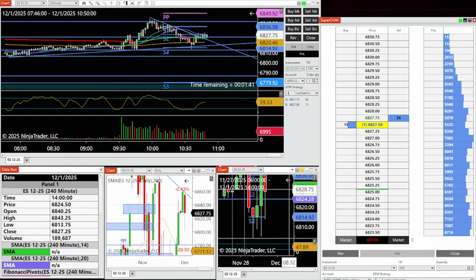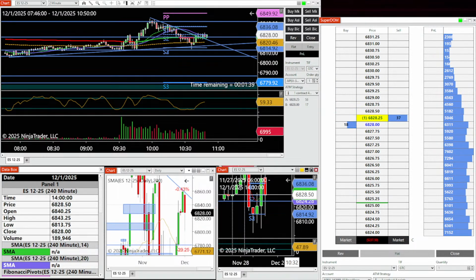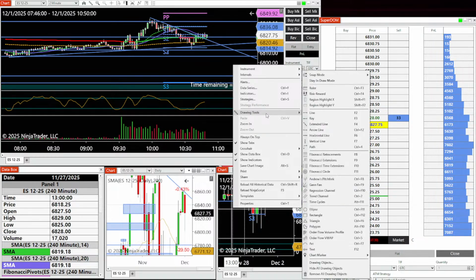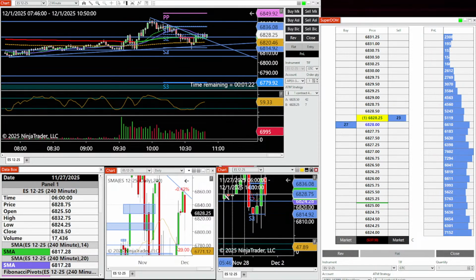Kind of rolling, going over and under. We're between this 28 and this 30. I'm going to go to the 30, but we're hanging around here.